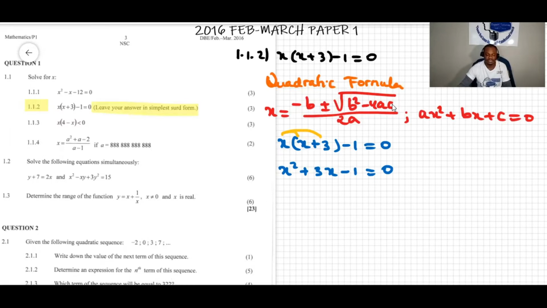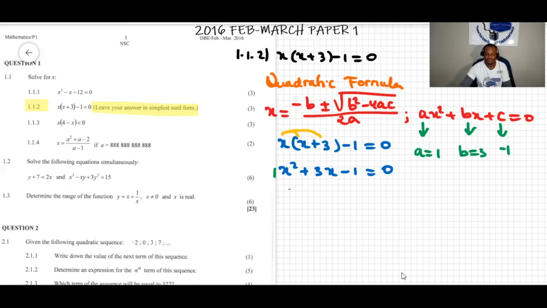Then we need to find the coefficients. The coefficient of x squared is 1, then the coefficient of x is 3, and then negative 1. So we can say that a is just 1, b is equal to 3, and c is negative 1.